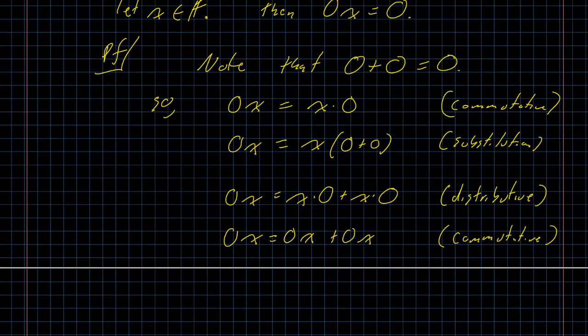But that's what we're trying to prove, and until we prove that, we can't just assume that. So we don't know that 0 times x is 0 just yet. But we do know that it's a number in the field because the field is closed under multiplication, and 0 and x are both elements of the field, so their product has to be another element of the field.